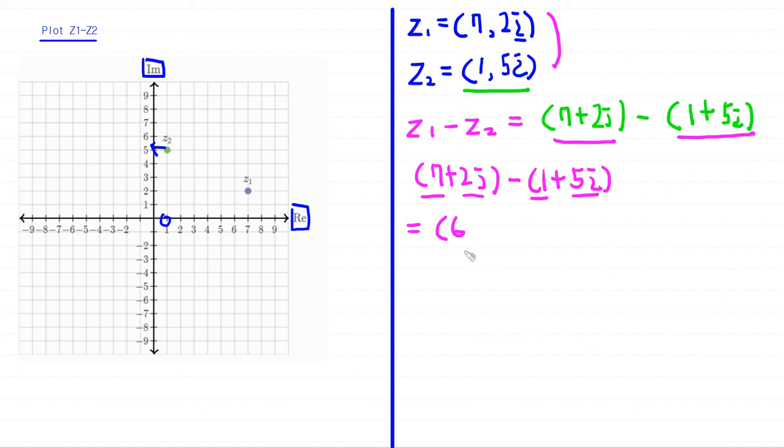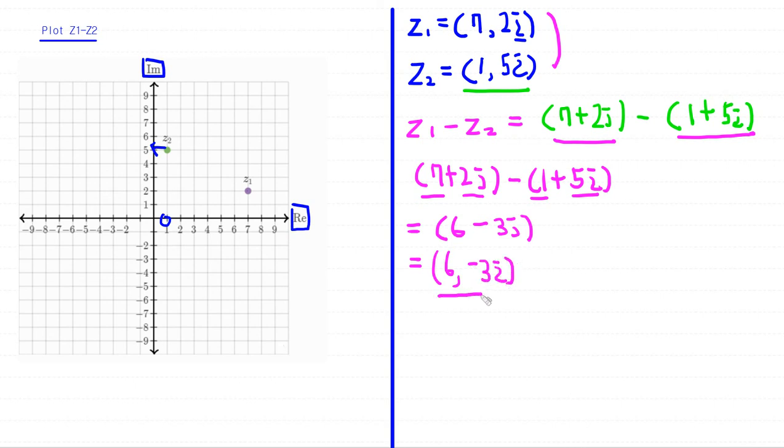I won't write a comma, because it is plus or minus for the y value. So 2i minus 5i is equal to negative 3i, which gives 6 minus 3i. That is the positive value 6, comma, negative 3i.